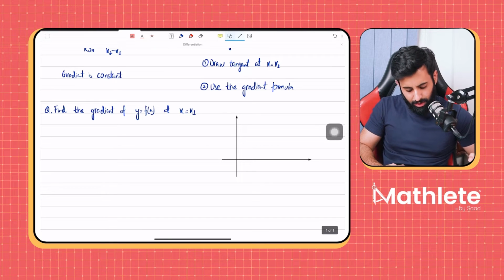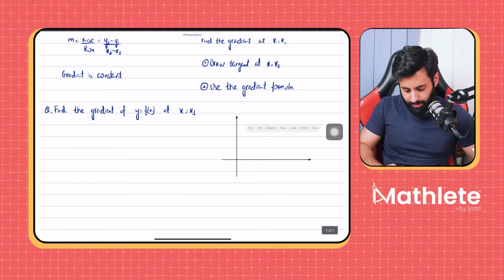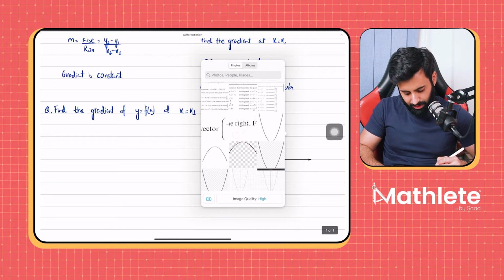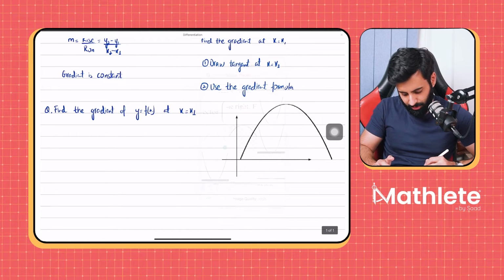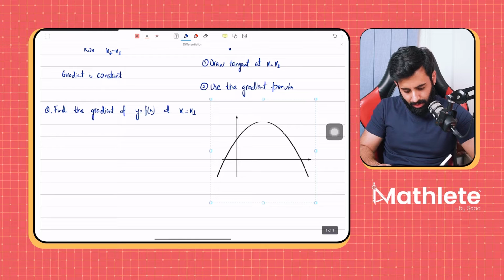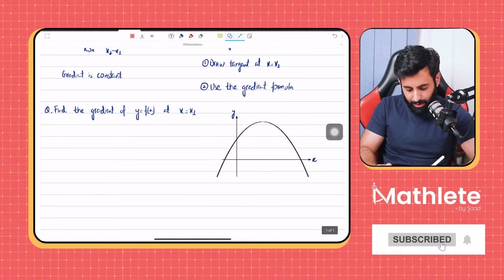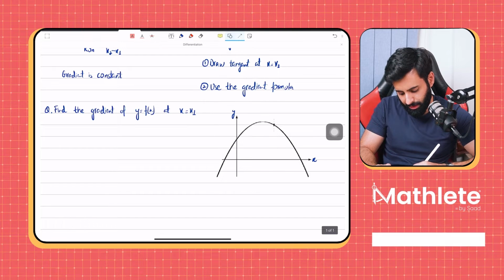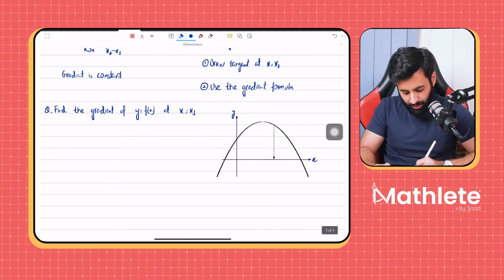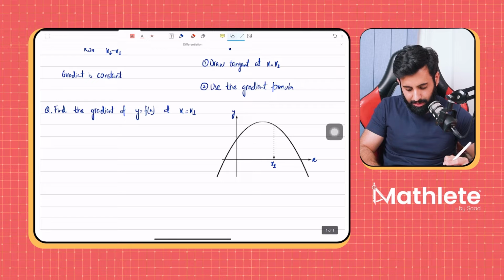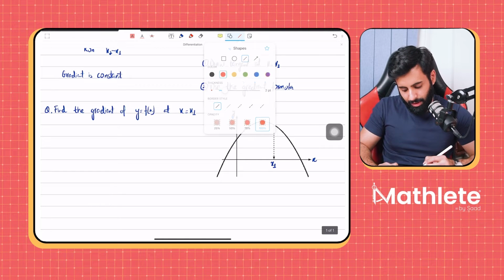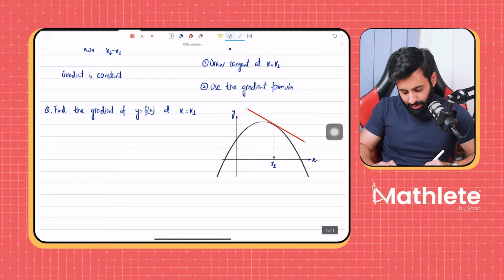Okay, so y equals f of x is a curve. All right, let's say it's a maximum curve. Okay, here it is, x, y, and we're asked to find out the gradient at x equals x1, which we know that if we had to do this graphically, we would make the tangent at x equals x1 and then find 2 points to plug in the gradient formula.